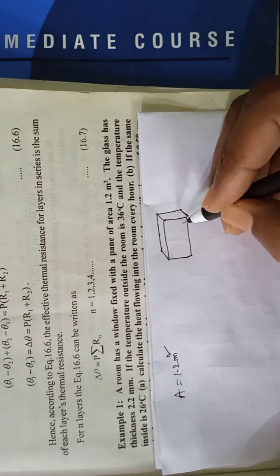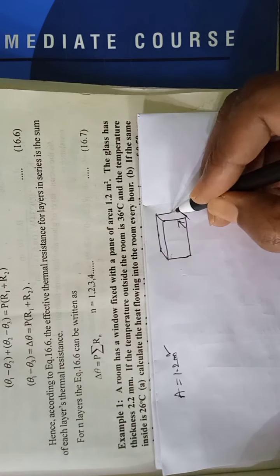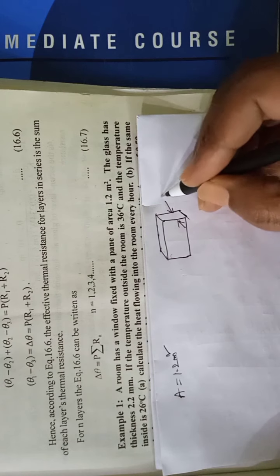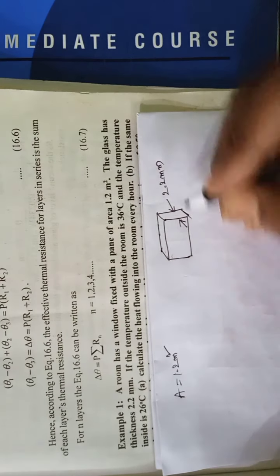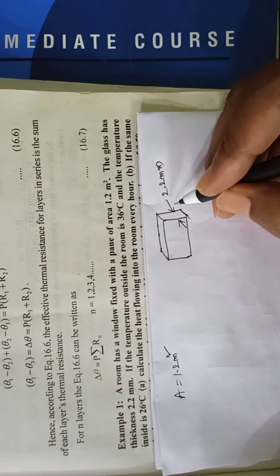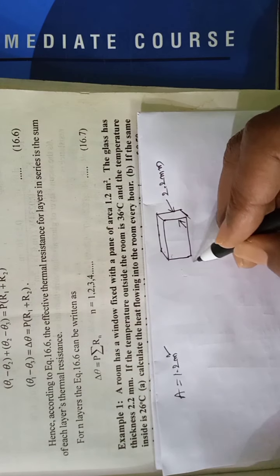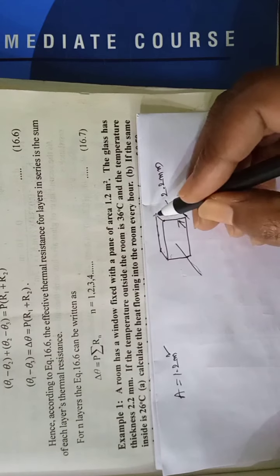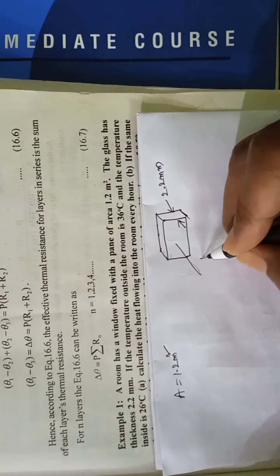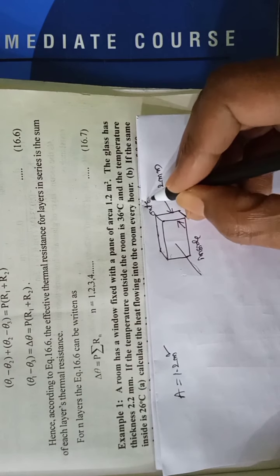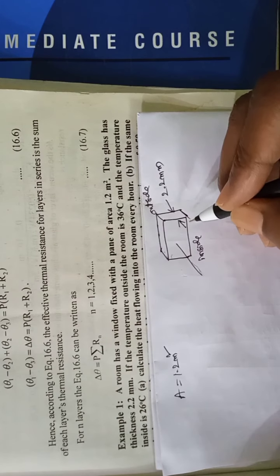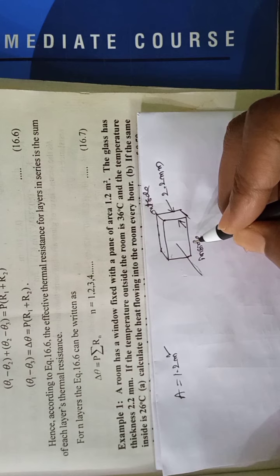This thickness is 2.2 mm. Means this will be length for us, because heat is flowing from here to, see, this is inside the room, this is outside the room.